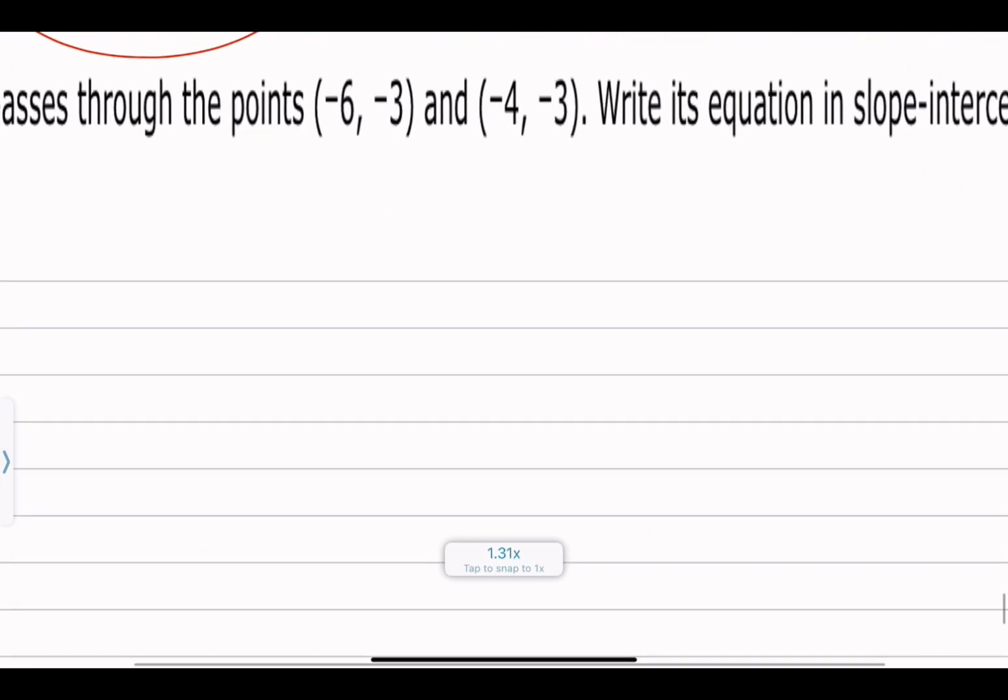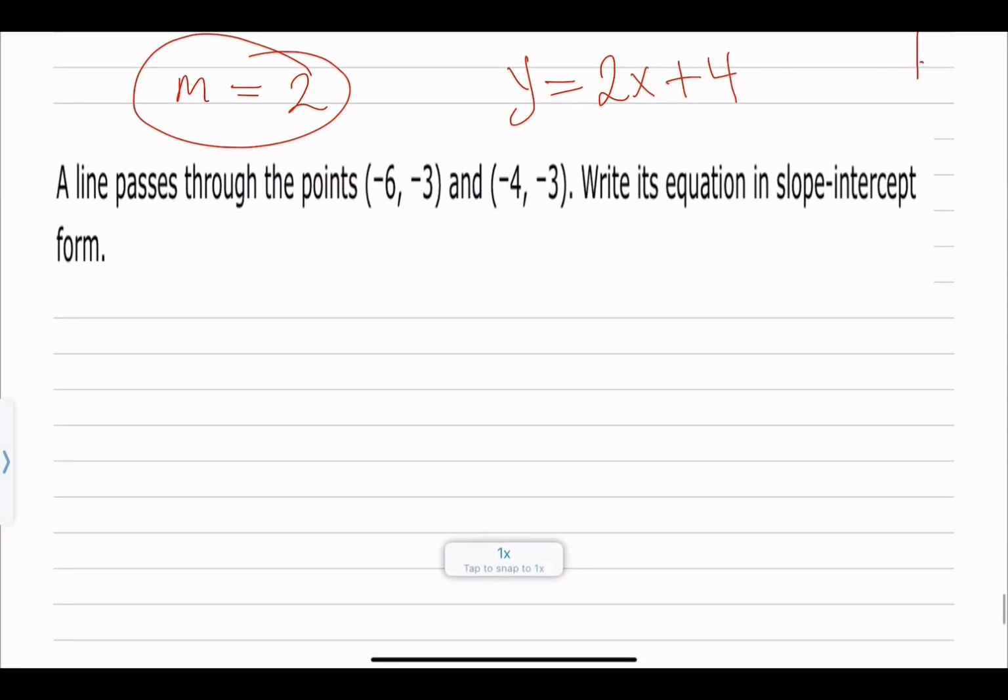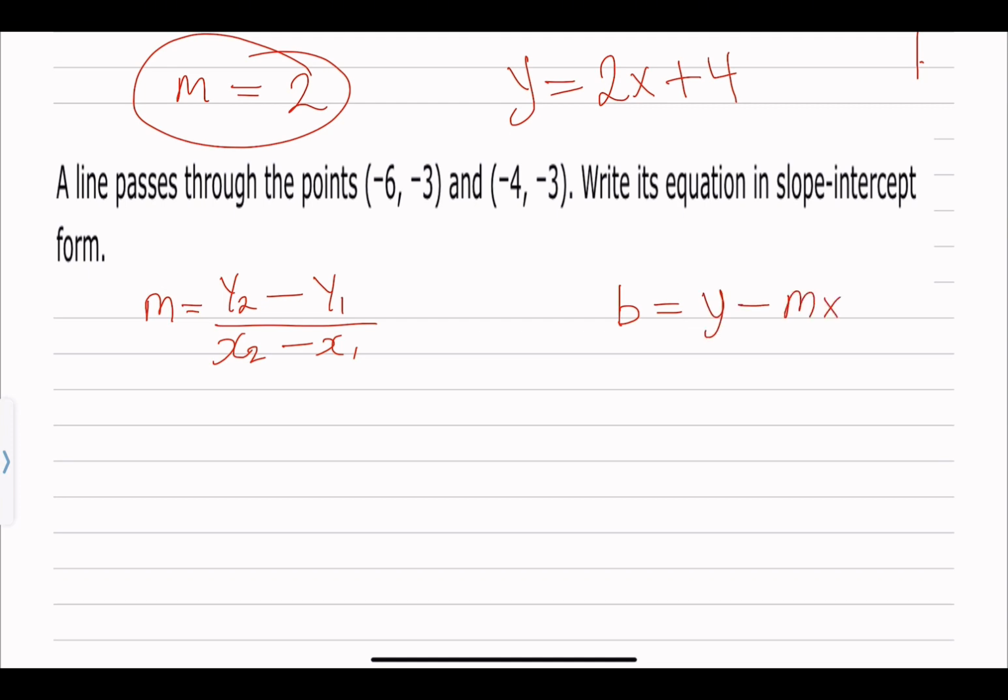Look at this again. Remember, what is the cheat code to answer this question? You need to write the cheat code for m, right? Which is y2 minus y1 over x2 minus x1. And the cheat code for your b is y minus mx. So x1 is negative 6.